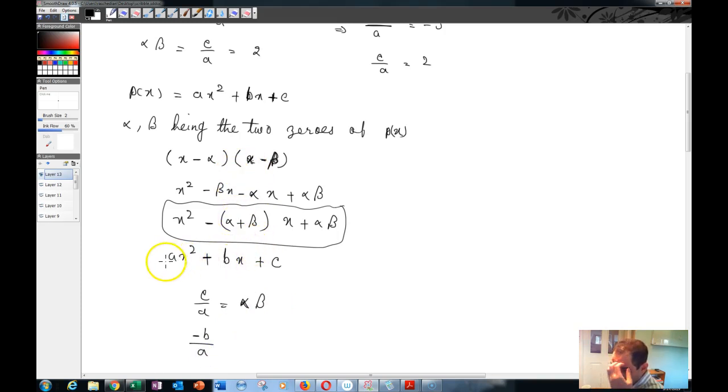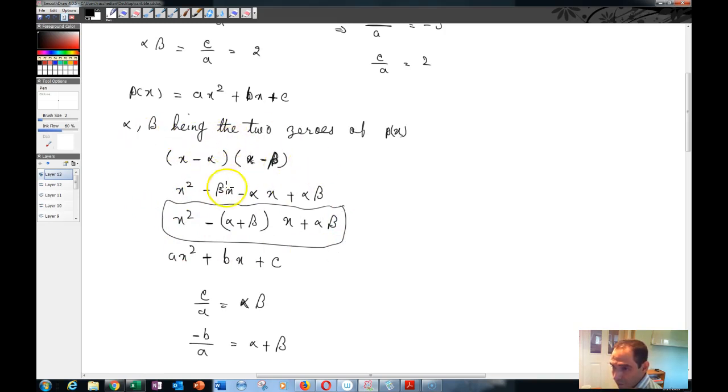So this is b and this is a, so negative b by a would be alpha plus beta. So you see, these actually come from here. I was actually kind of confused, and I didn't know how they'd gotten this.